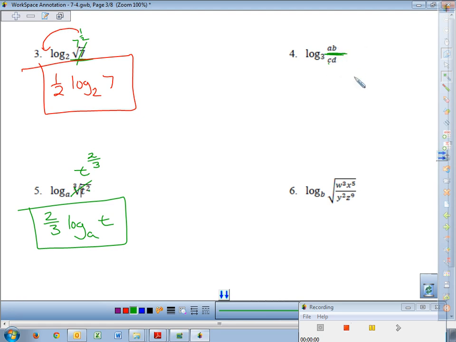So aren't there 4 letters in this puppy? 4 different terms. All of them will be log base 3. So log base 3, let's start with our numerator of a. Isn't a the first letter I come across in the numerator? I'm done with it. Right? There's still a b upstairs, correct? So I need a whole other log, and since they were multiplying, won't I add them? Right? So log base 3 of b. And I'm done with it. Cool? Since every variable left is in the denominator, subtraction is the operation that we want to use.